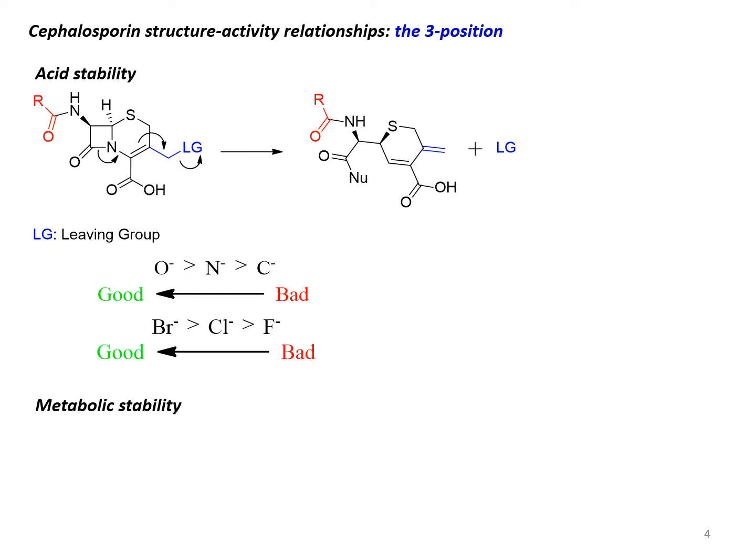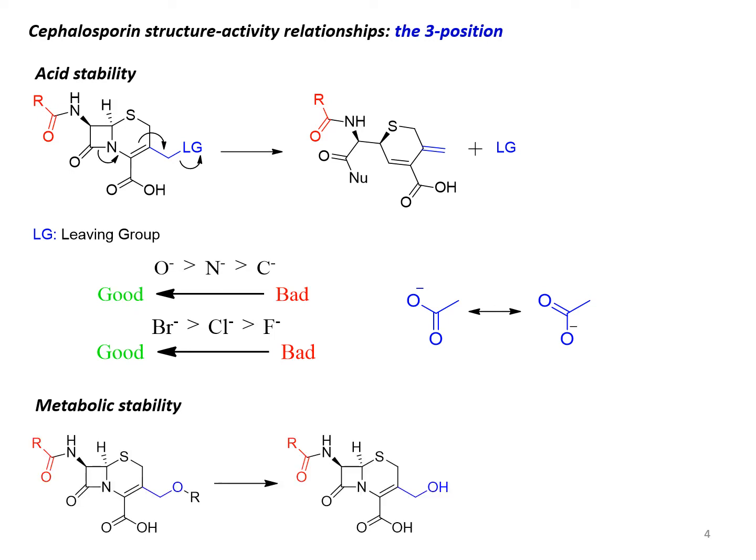The larger the size of that atom is, the better, and more importantly, delocalization via resonance. In terms of metabolic stability, a cephalosporin with a methylene acetoxy or any other group that, when metabolized, will give a methylene hydroxy or hydroxymethylene will be considered metabolically unstable.